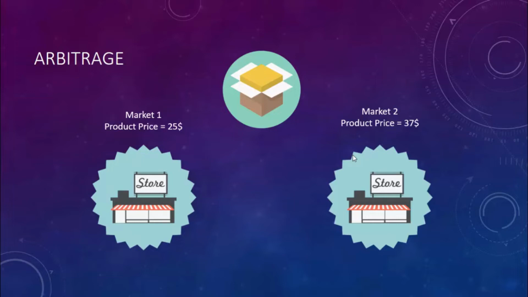We are actually profiting from the different price points of the 2 markets, which will be our profit. Obviously, price of market 2 minus price of market 1, which is actually $12. That will be our profit. So it's a very, very simple business model and the classic profit formula: buy for less, sell for more, and you will get a profit. That is what arbitrage is in economic terms.